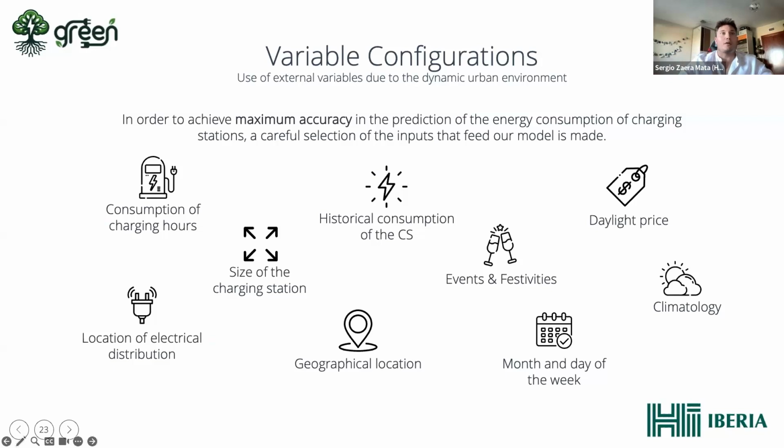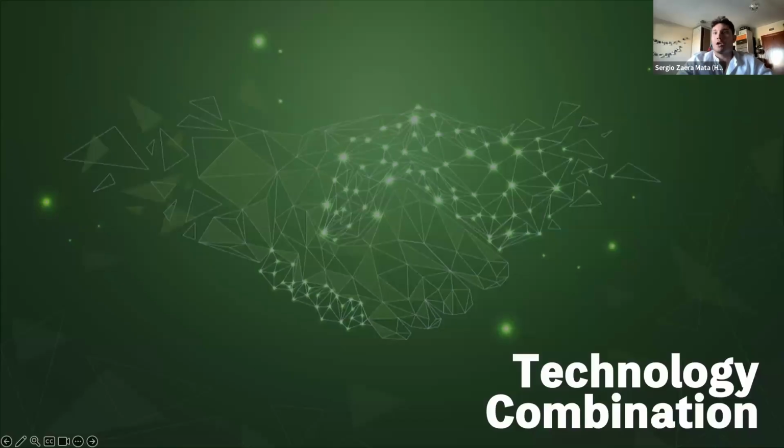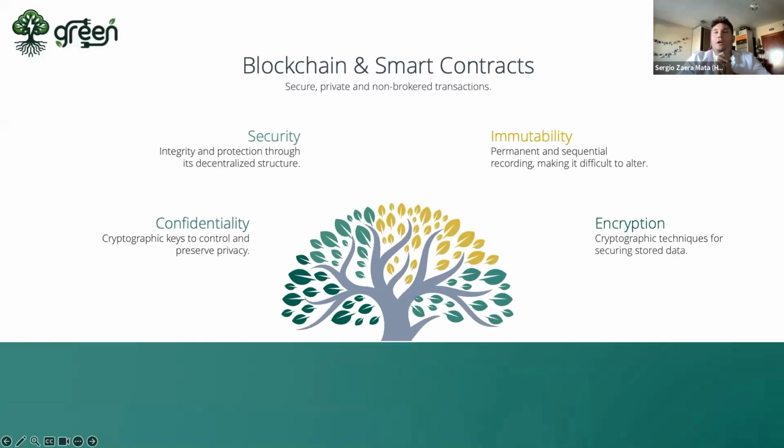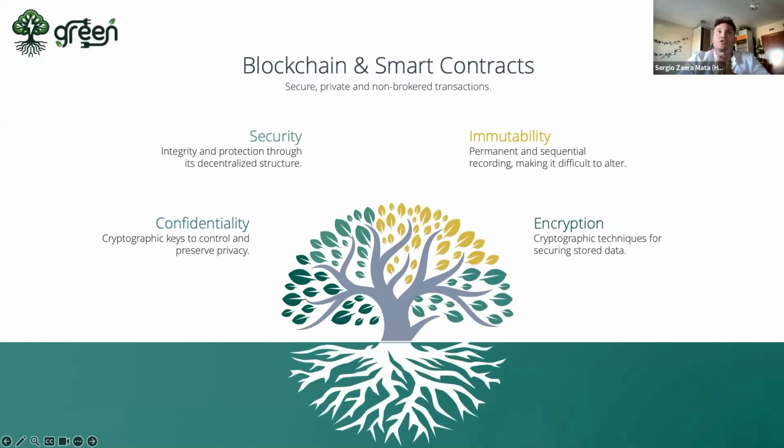These include the size of the charging station, the geographical location, the month, the day, the climatology, the daylight, and the price. Also, the price of oil can be important. So everything affects.